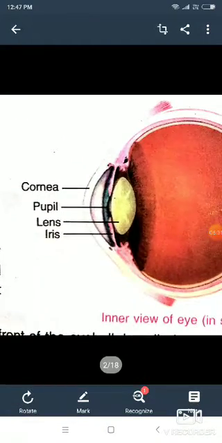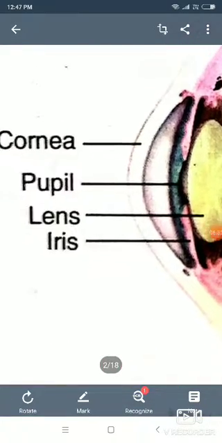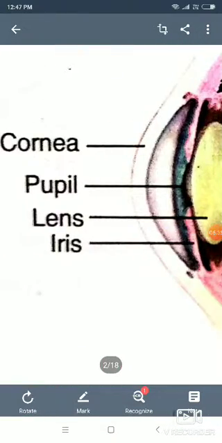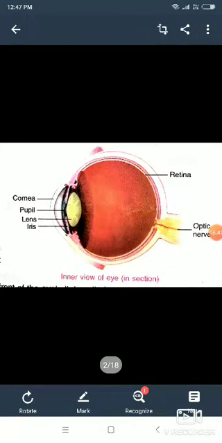I hope no problem is there. See, this is very easy. This hole is the pupil, this is the lens, and the iris and cornea are there. Everyone will draw it nicely and label it nicely, so that we could get good marks.